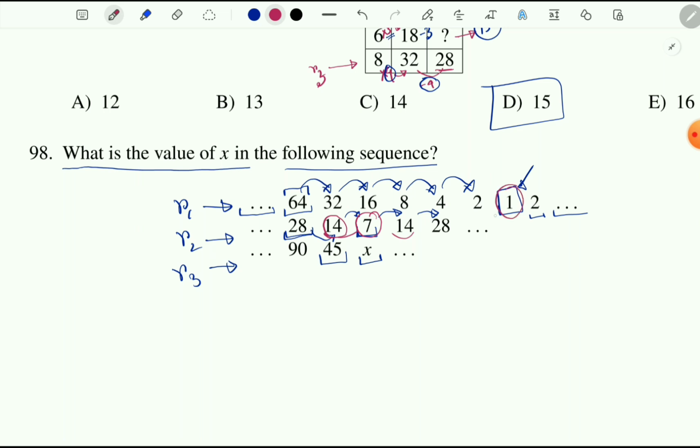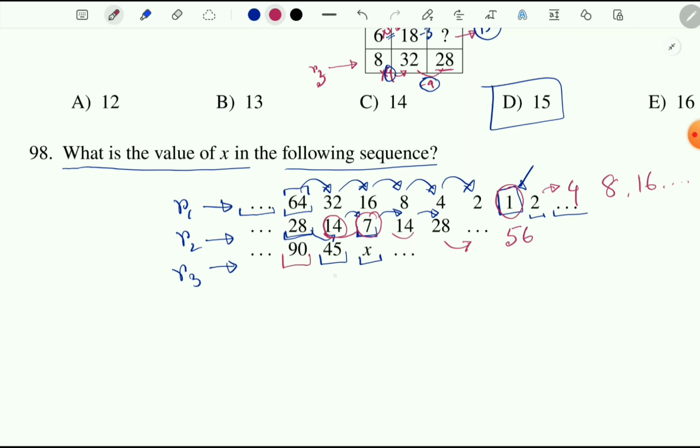Similarly here we can see 1 and it starts again from 2. Now we can guess the next number would be 4 for the first row, then 8, then 16, and continuous. So here also we can check that after 28 the number would be 56. Okay, now let's check the third row to find out the x.